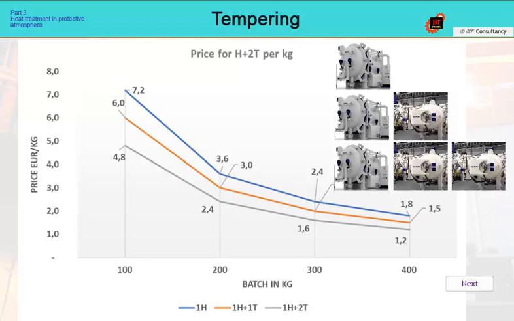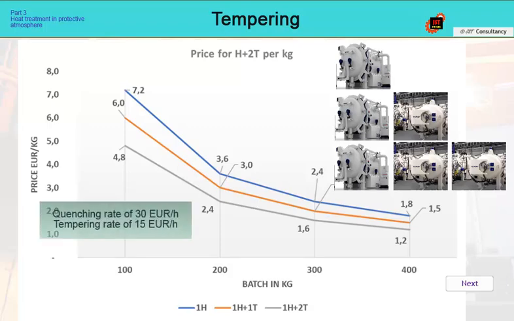The graph shows the relationship between processing costs and the number of tempering furnaces. The calculation is based on an hourly rate of 30 euros per hour for the quenching furnace and 15 euros per hour for the tempering furnace. The price decreases with increasing batch weight, but it decreases mainly with the number of tempering furnaces.